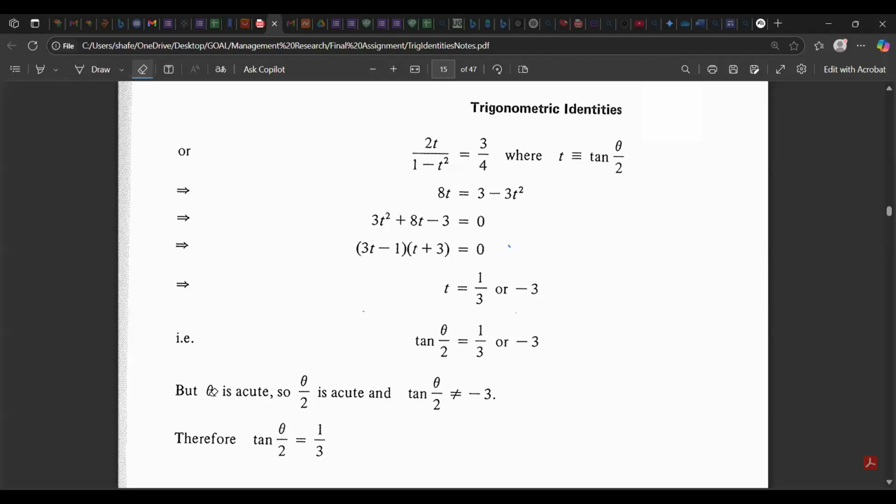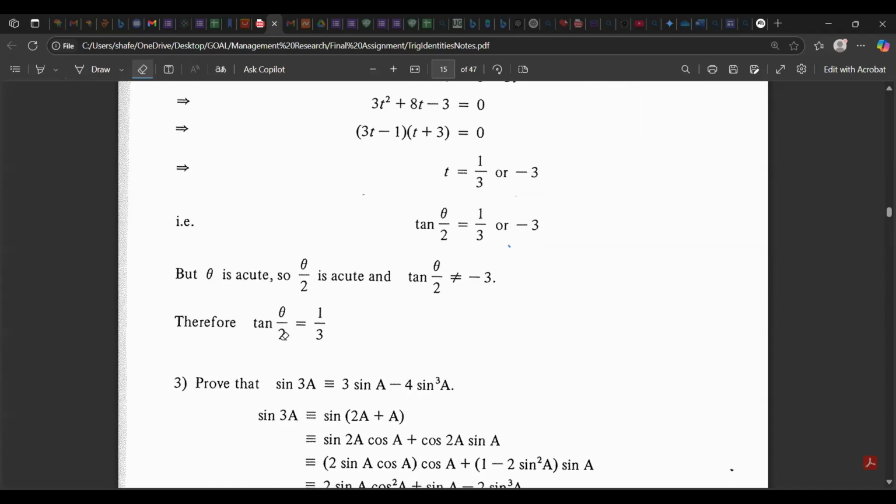We're not going to use it because an acute value of theta, if you divide it by 2, will give you another acute value, and the tan of an acute angle cannot be minus 3, right? So we discard that solution. We're going to use the one where tan theta over 2 equals 1/3. That's what they ask us for: find tan theta over 2, not the angle itself.